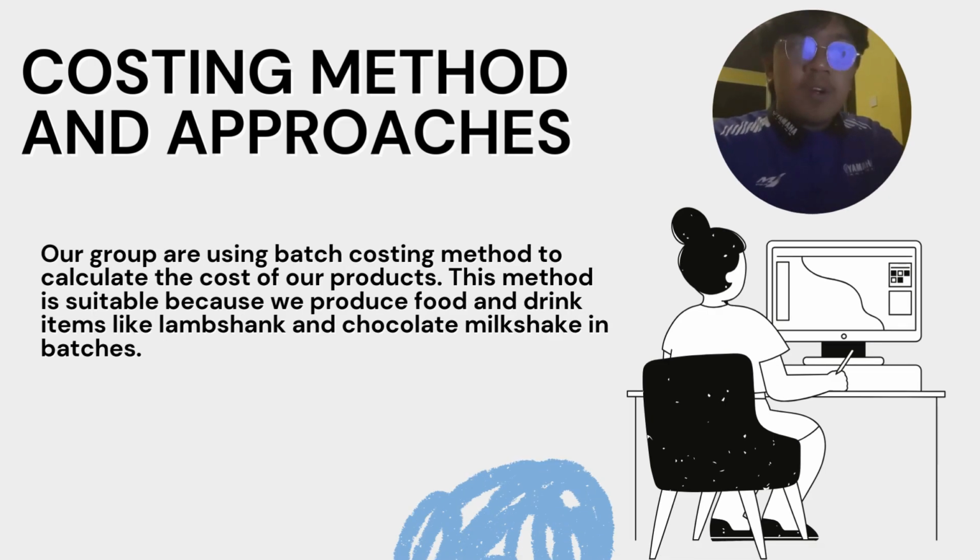For now, our group is using the batch costing method to calculate the cost of our products. This method is suitable because we produce food and drink items like lamb shank and chocolate milkshake in batches.